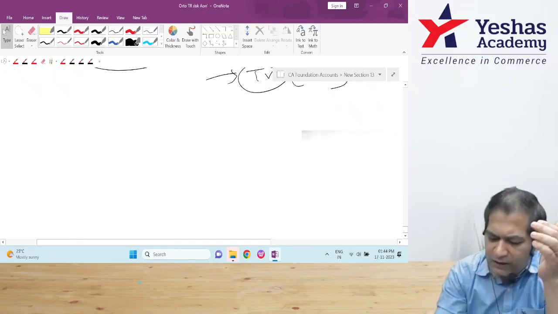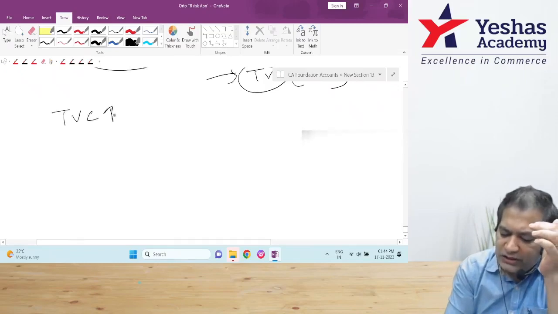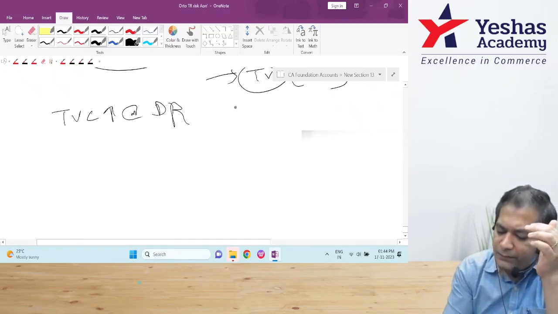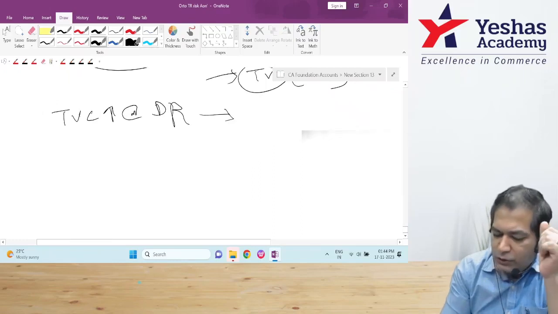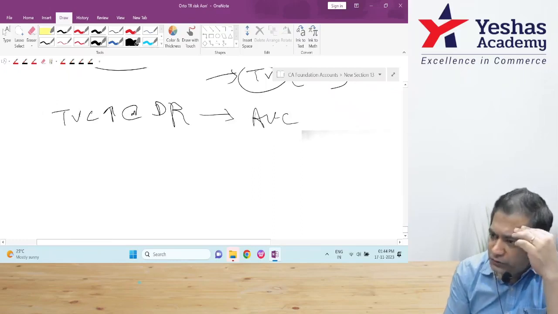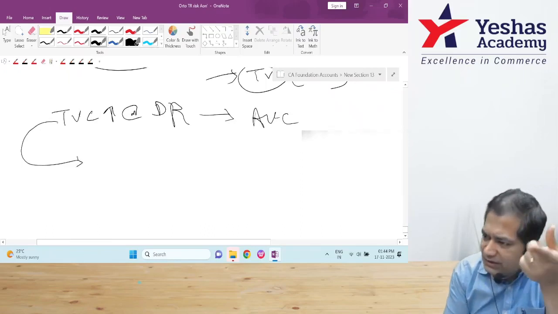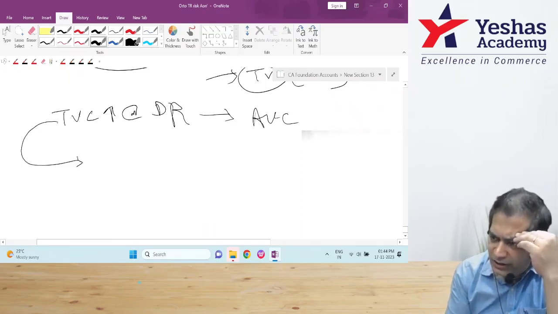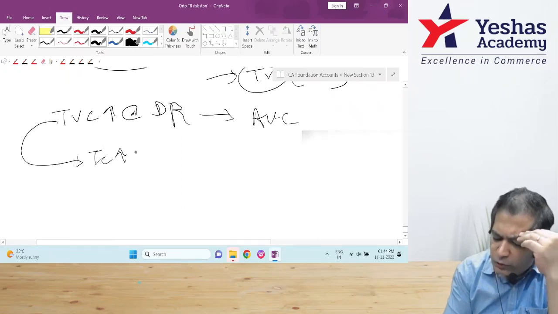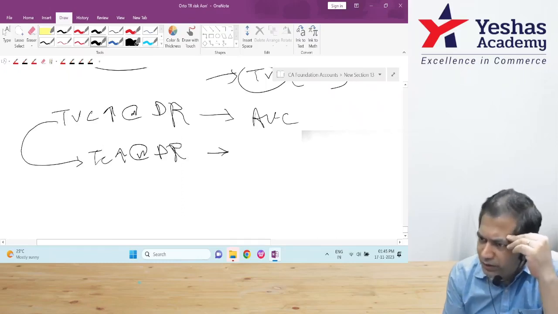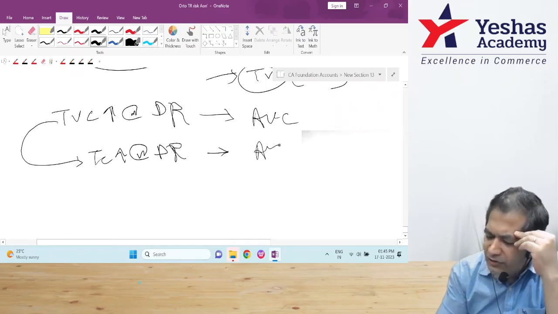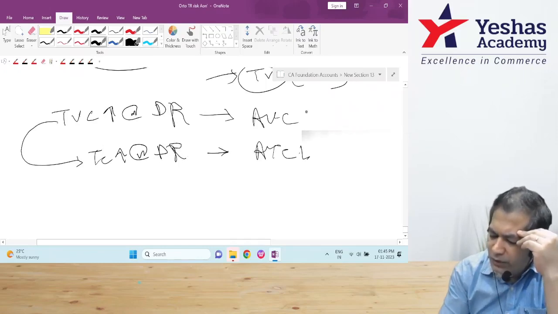If total variable cost is increasing at a diminishing rate initially, average variable cost falls. So can I say if total variable cost is increasing at a diminishing rate, then total cost must also increase at a diminishing rate, because every change in total cost is due to total variable cost. So it means the average total cost will also fall.